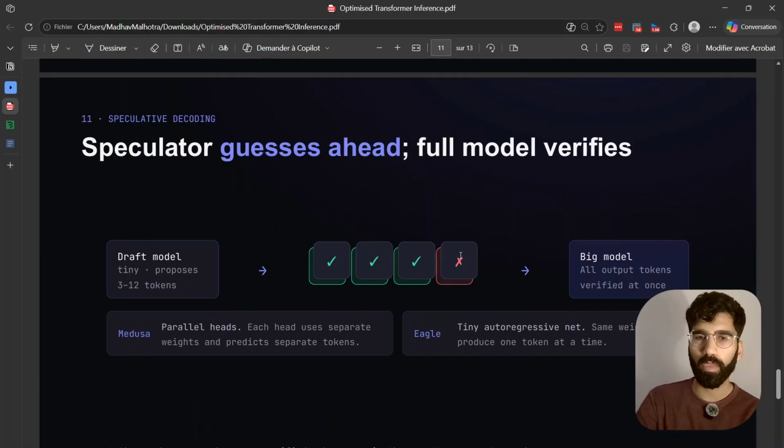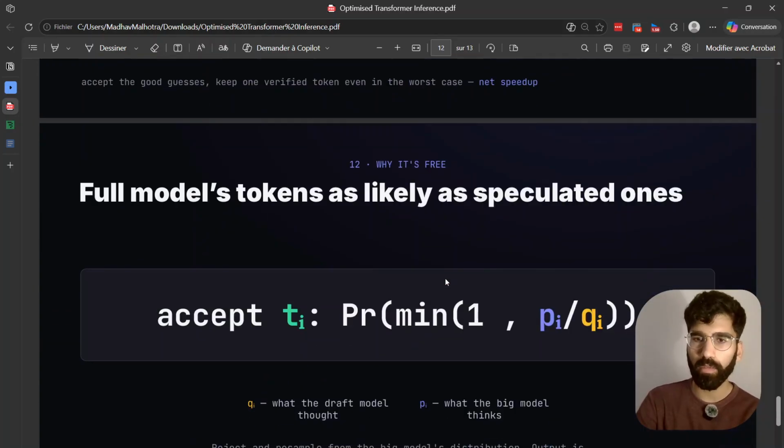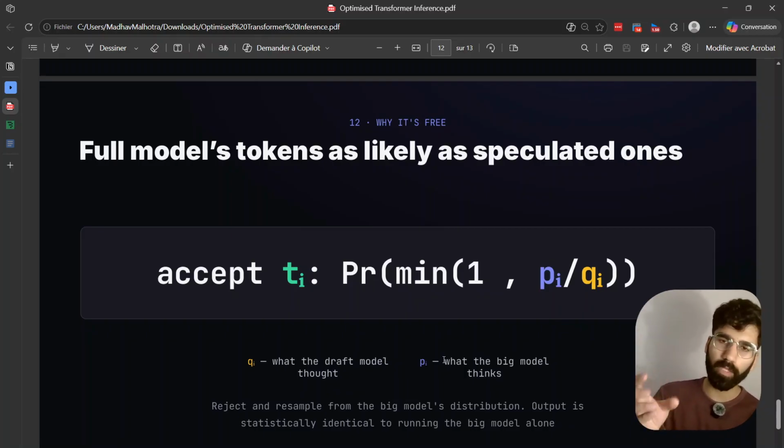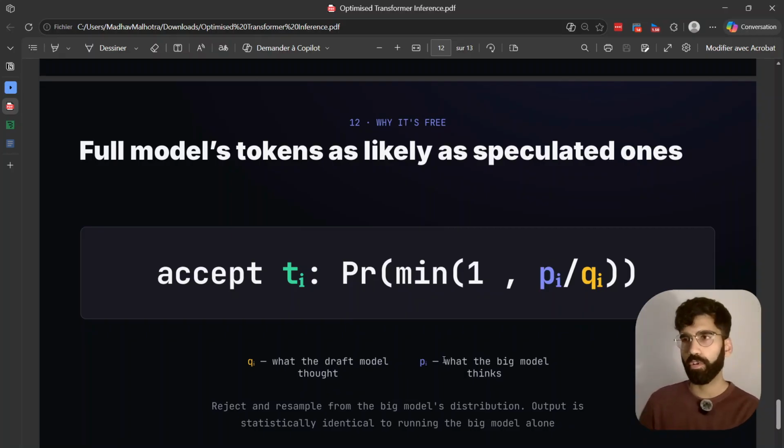And so instead of taking the word that the draft model thinks is appropriate, if that token was rejected, we would just look at the Pi, so the probabilities of words for that ith token for the big model, and just choose a word from there.